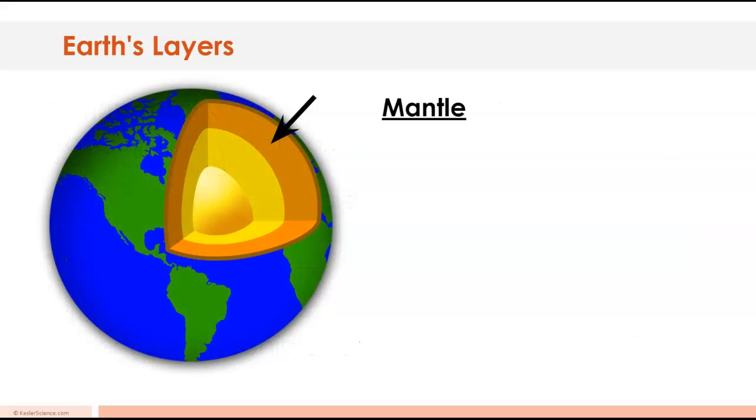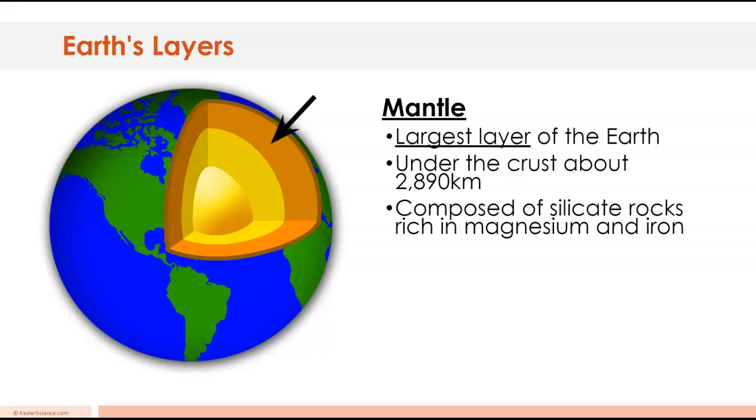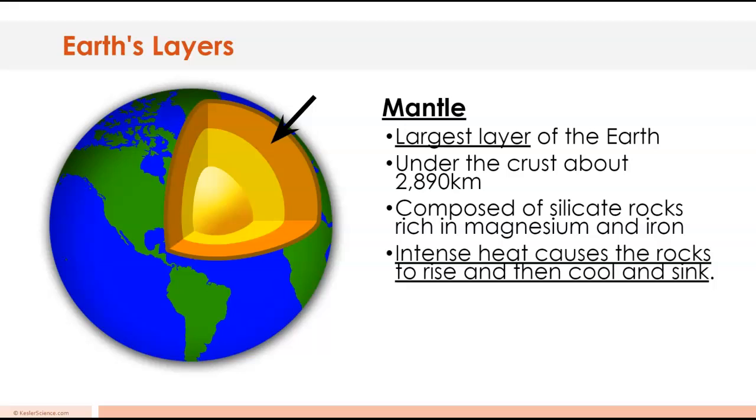So our next layer is the mantle. It is the largest layer of the Earth. It's kind of hard to tell in this little diagram. It's not the best little diagram, but the mantle is the thickest layer. It's under the crust, and it goes to about 2,890 kilometers below the surface of the Earth. And it's made of silicate rocks that are rich in magnesium and iron.